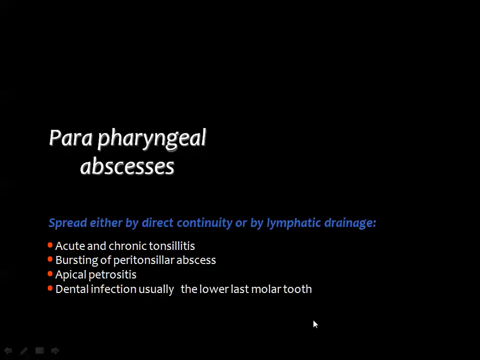Then spread to the parapharyngeal abscess may come from tonsillitis, may result from bursting of the peritonsillar abscess, may occur secondary to apical petrositis, or may be the sequelae of infection in the mouth floor.